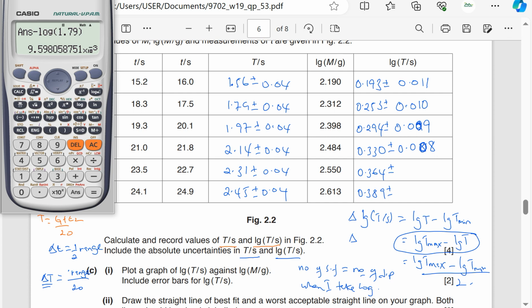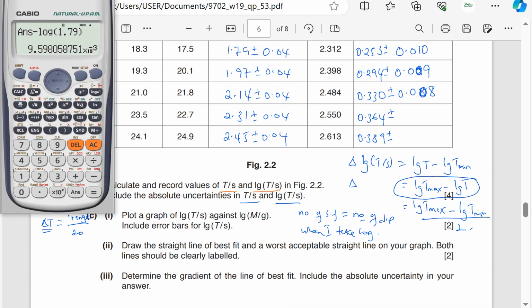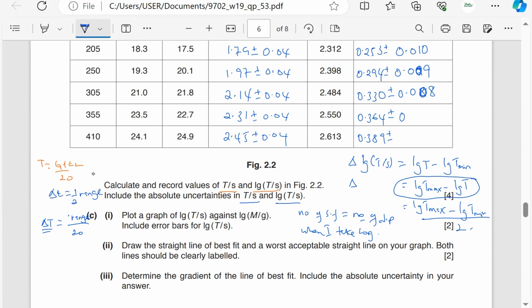Okay, then let's continue. Log of 2.31 plus 0.04 minus the log of 2.31. So that is 0.007.